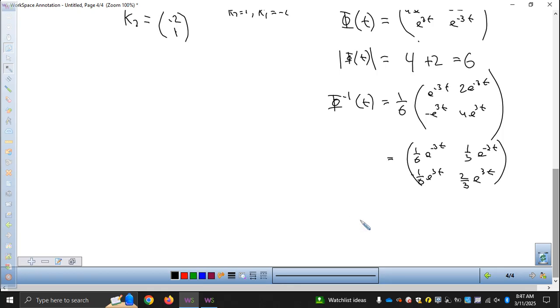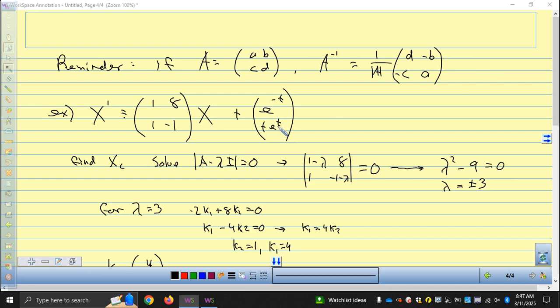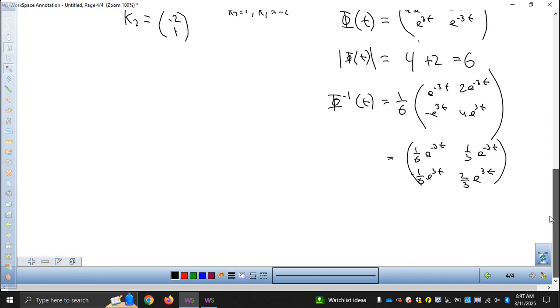And then I'm going to switch pages here. So we're going to multiply this by f of t. There's f of t, to get u prime.